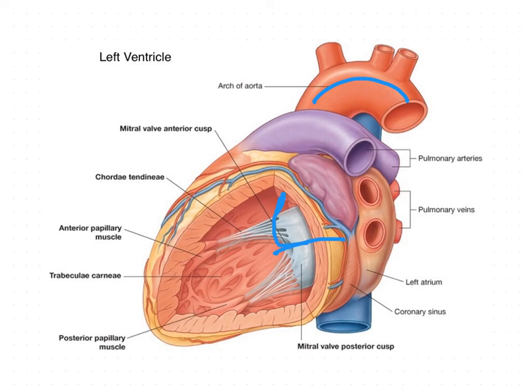It forms the apex of the heart. The left ventricle forms the apex of the heart and only some part of the sternocostal surface, and most of the left border, and also 2/3 of the diaphragmatic surface.